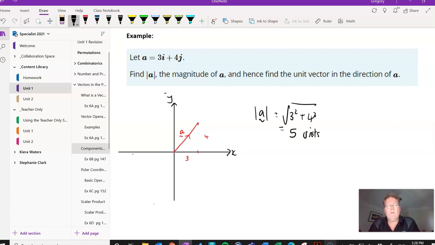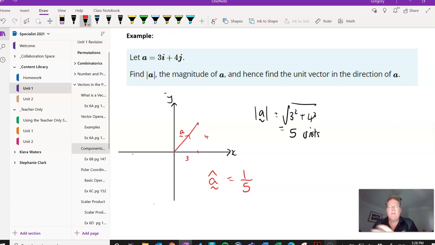So my question then is, how long is 1 unit? If this vector is 5 units long, what is 1 unit equal to? Well, it's going to be a fifth, because it's that length of vector divided into 5 units. So the unit vector is going to be 1/5 long.